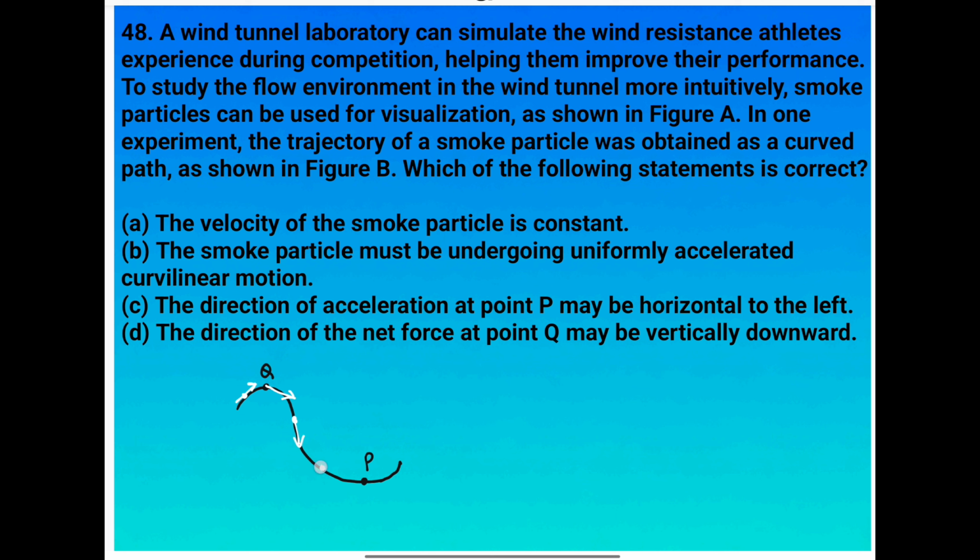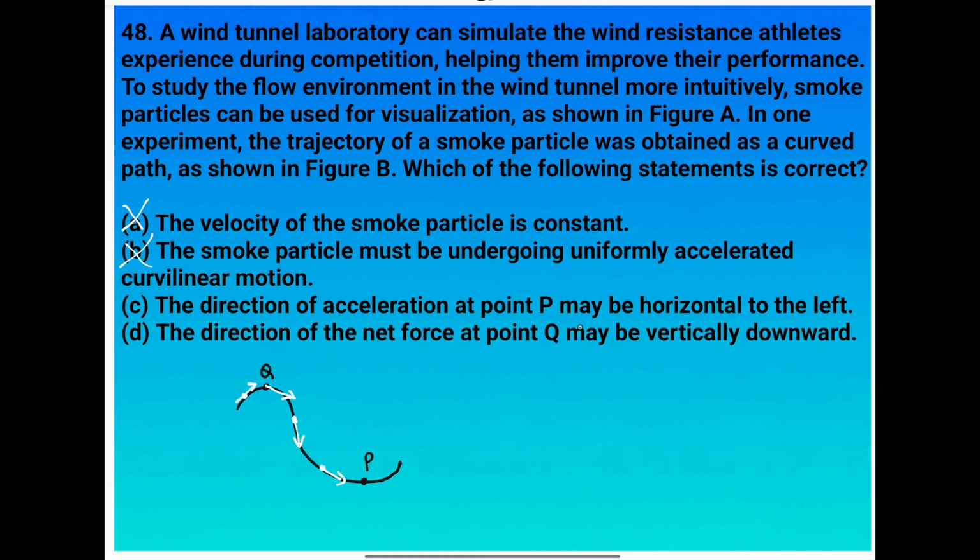At every point we find that the direction of velocity of the smoke particle is different. So according to this, option A is incorrect. The smoke particle must undergo uniformly accelerated motion. Here the velocity at every point is changing, so this is not a uniformly accelerated motion. So this option is also wrong.